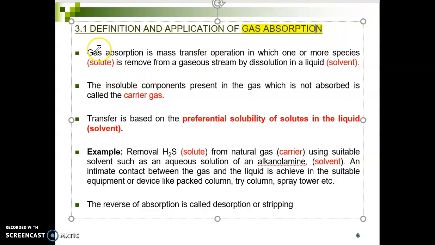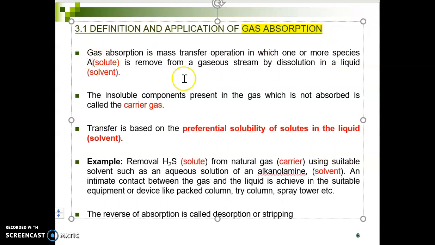Okay, A is your solute here, and then your solvent will be your C.